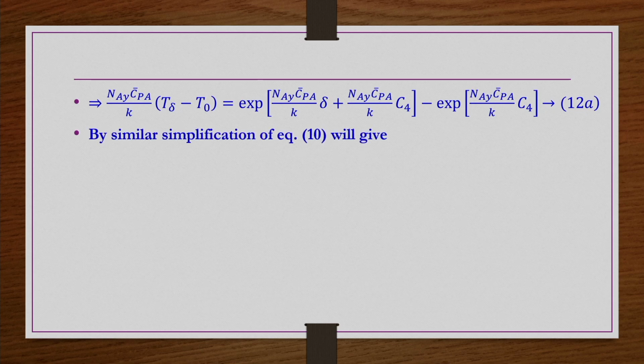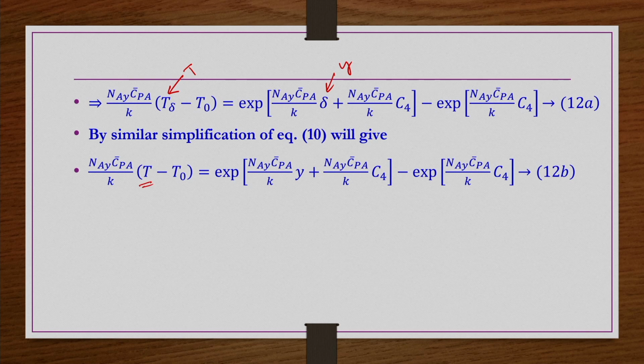So, now what we do, we need to have T minus T naught also. So, in place of T delta we write T, and in place of delta we write y, right, because at y equals delta, T equals T delta, and then at y equals some unknown y, T equals some unknown T, right. So, if you do that, you get this equation.